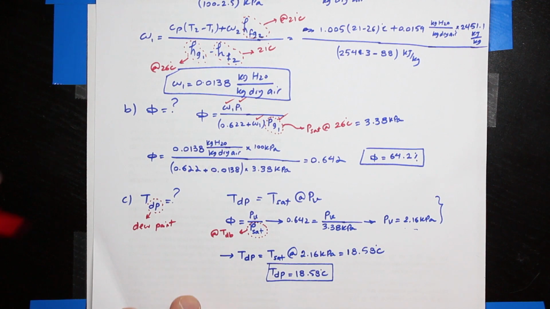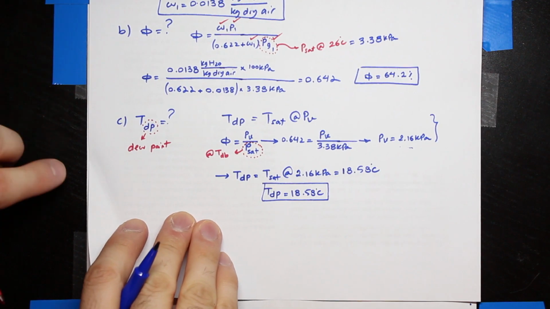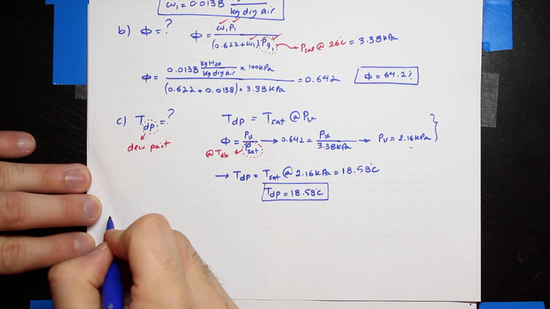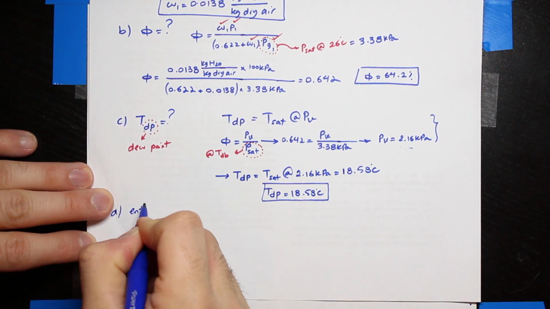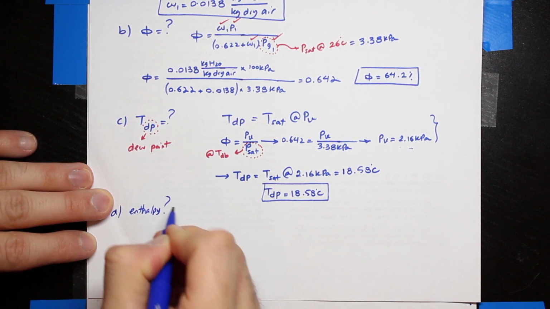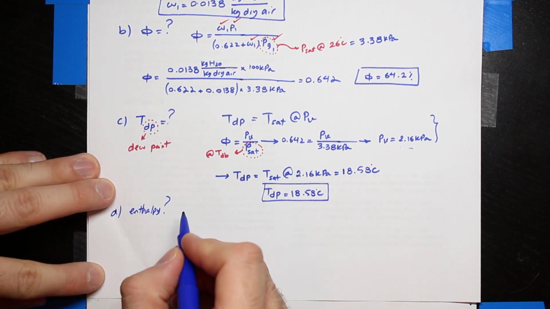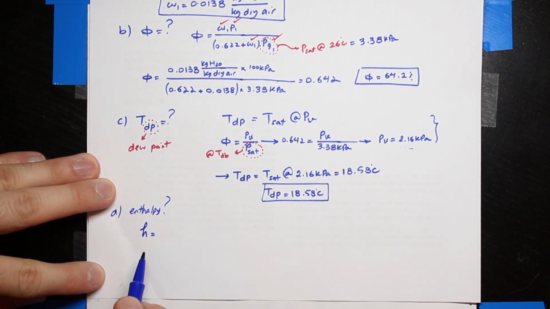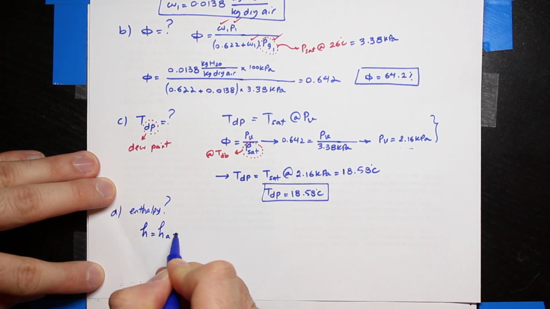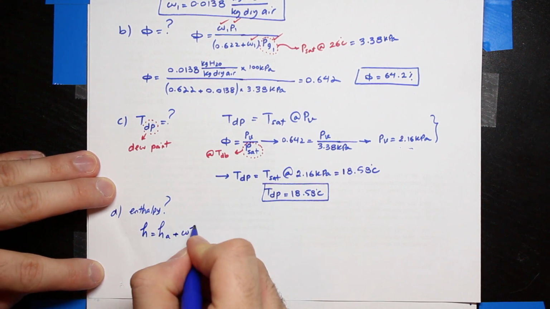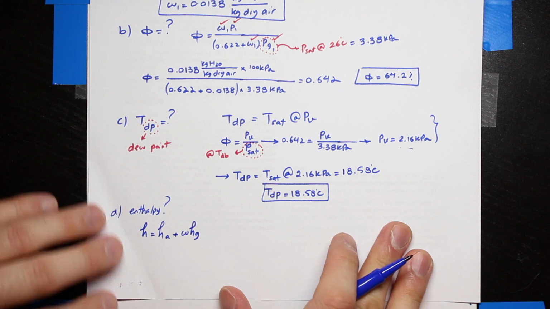Okay, so for the last part, part D, the question is asking for the enthalpy. Okay, and in order to obtain enthalpy, I'm going to use the equation enthalpy is equal to enthalpy of dry air plus omega multiplied by Hg.